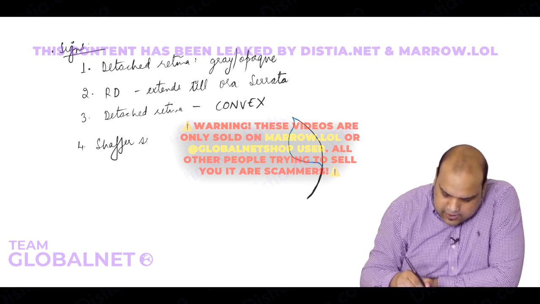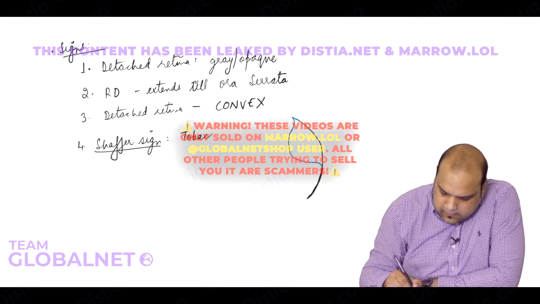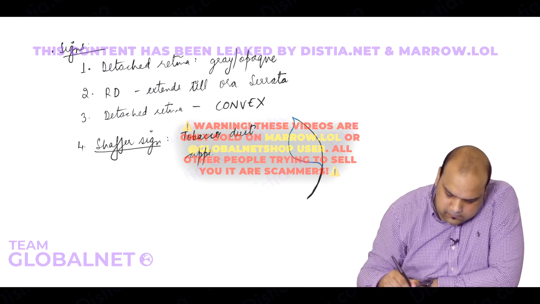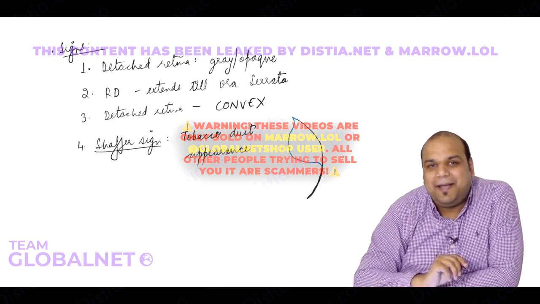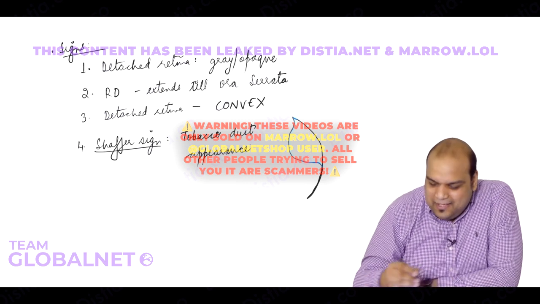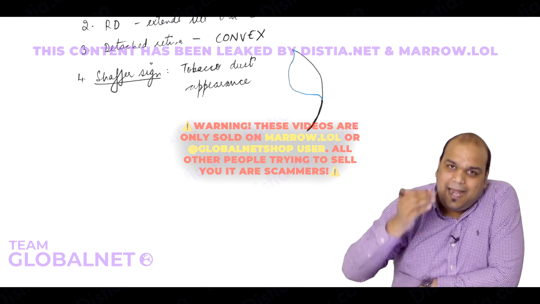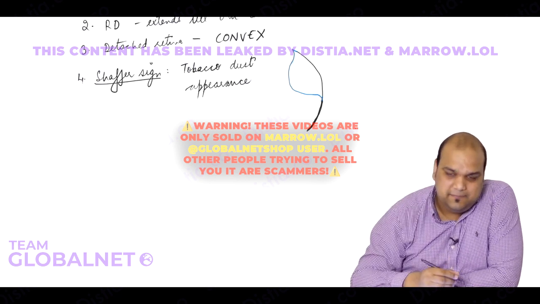Number 4. Characteristic sign which is called Schaffer's sign. Tobacco dust appearance. Due to vitreal changes, everybody, at the anterior face of the vitreous, there are pigmented cells that are deposited.